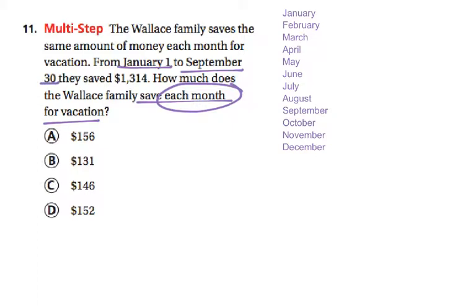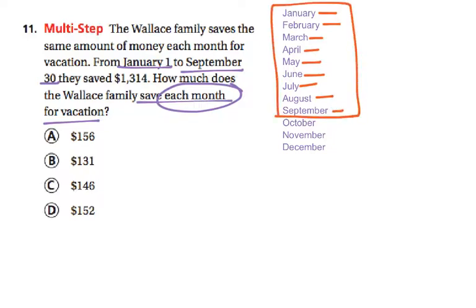So that means they saved in the month of January, February, March, April, May, June, July, August, and September. So I'm thinking about this many months. That is 1, 2, 3, 4, 5, 6, 7, 8, 9 months.